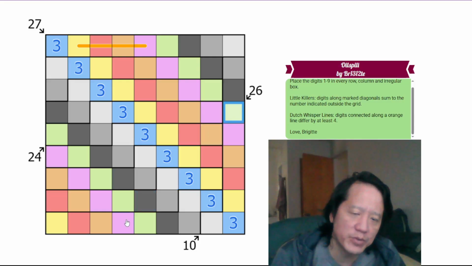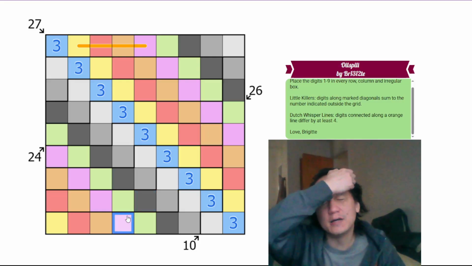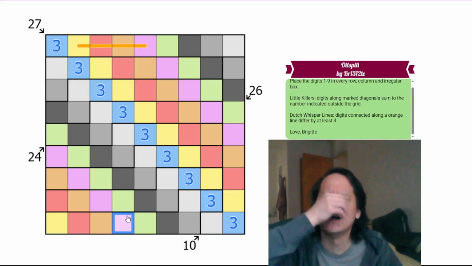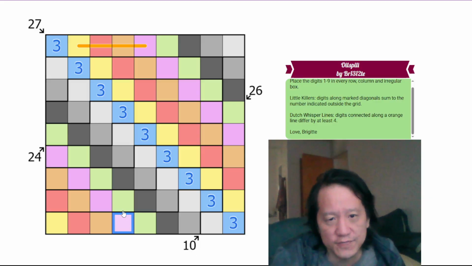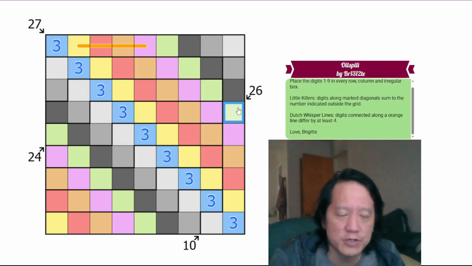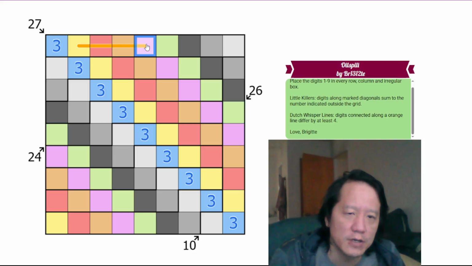Therefore, green and pink add up to 5. 26 minus 21 is 5. So that means green and pink are 1 and 4. Okay. So since green and pink add up to 5, that's 1 and 4, that's 5 plus 8.